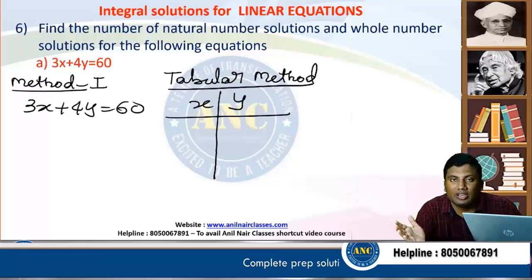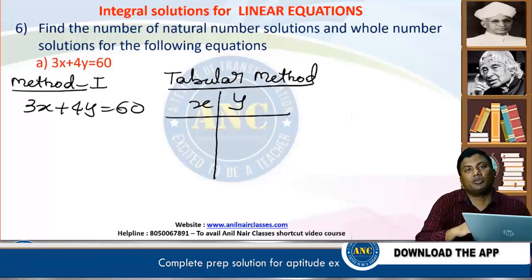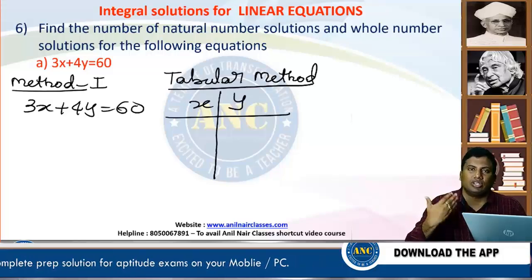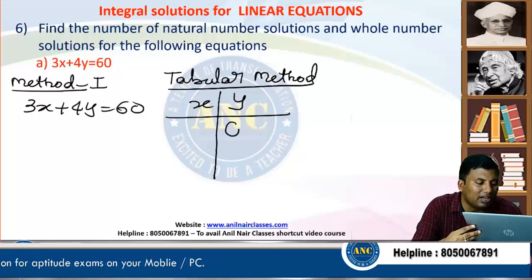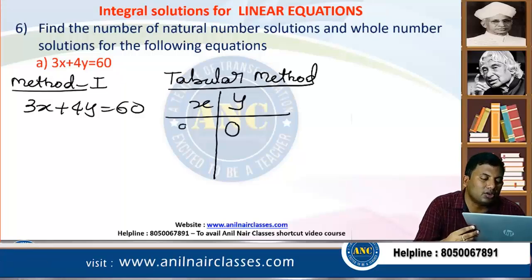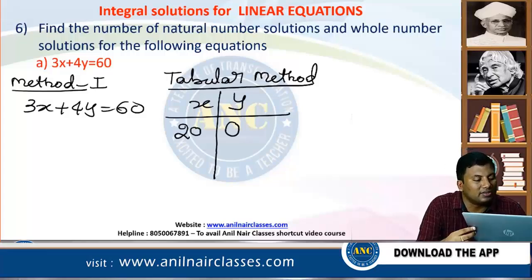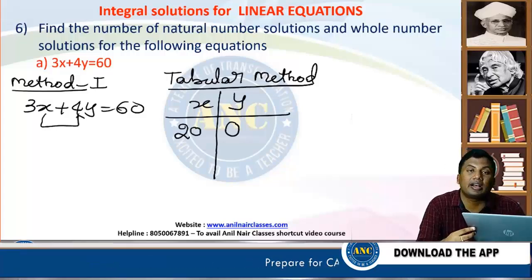Start with y value 0, you will end with x value 0. If I start with y value 0, 3x equals 60, x is 20. Now x will decrease by 4 or increase by 4.